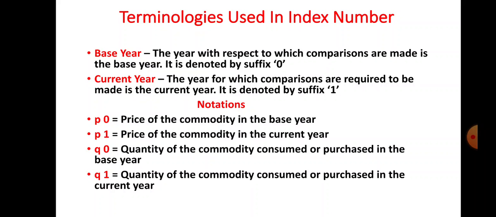P1 is the price of the commodity in the current year. Q0 is the quantity of commodity consumed or purchased in the base year. And Q1 is the quantity of commodity consumed or purchased in the current year. When 0 comes, take that as the base year, and when 1 comes, take that year as the current year.